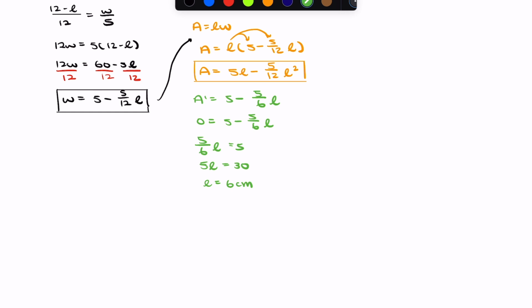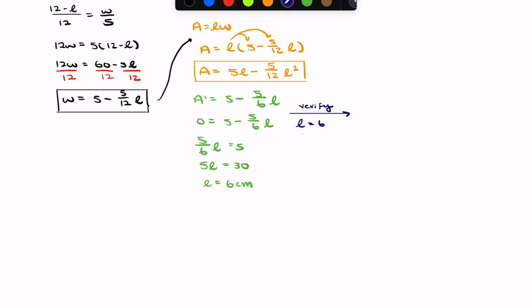Okay, so here, let's verify that the length equal to 6 produces a max. We'll use the second derivative test to do that.